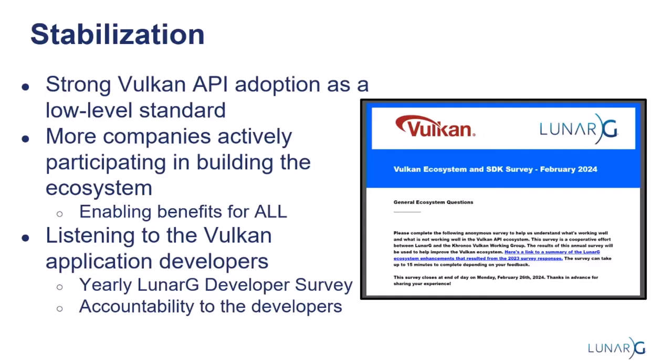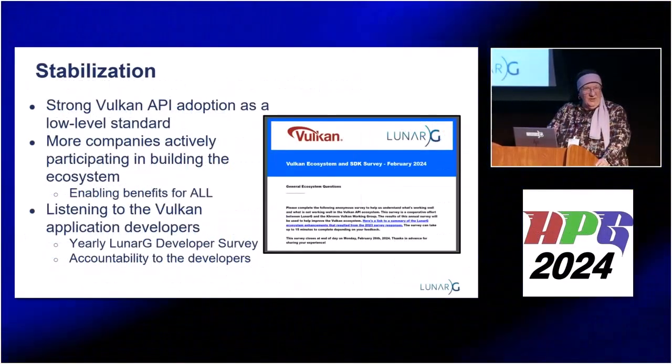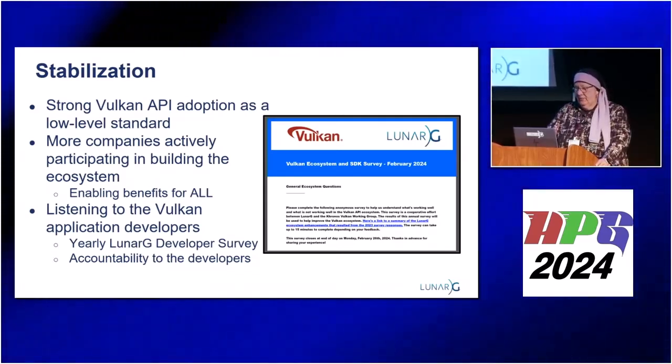About 1.5 years after the first SDK, I started doing ecosystem surveys every year, determining what the gaps are, what things are going well, what you want more of, what you want less of, what your challenges are as a Vulkan application developer. And we listen to these surveys and study them closely. They guide the priorities of what we work on in the next year in terms of enhancements, such as the crash diagnostic layer. That has been a very highly requested item from the ecosystem.